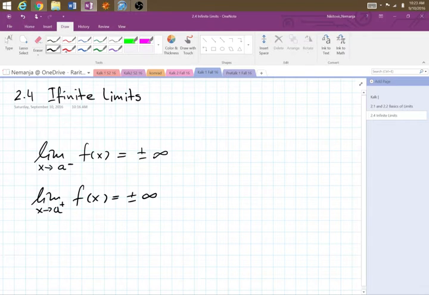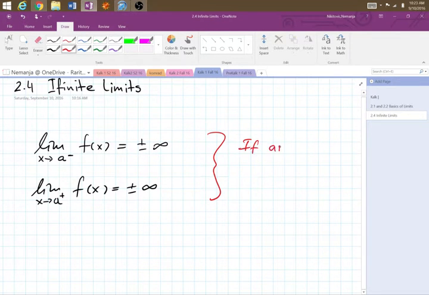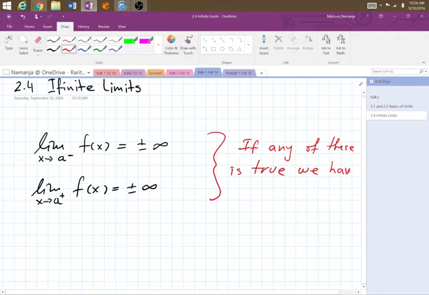So I will just write now with red, if any of these is true, we have a vertical asymptote at x equals a.